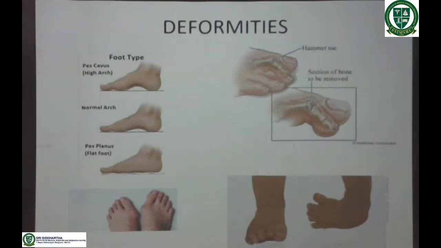It can also be congenital. This condition is called the cleft foot or talipes equinovarus. So these are some clinical features related to the arch of the foot. You should know the importance of the flat foot or pes planus.